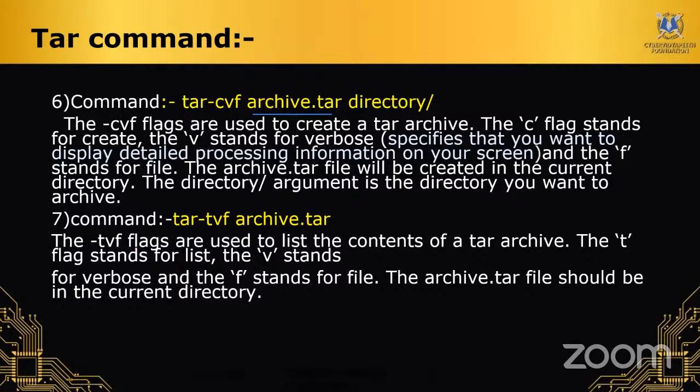Some of them are -c, -x, -v. -c is used to create a new archive. -x is used to extract files from an existing archive. -v is used to display details of the archive file. -f is used to specify the name of the archive file which we are creating. -z is used to create an archive file in gzip format. -j is used to create bzip2 format, and -t is used to display the content of an archive file. And there are many more options we can use.